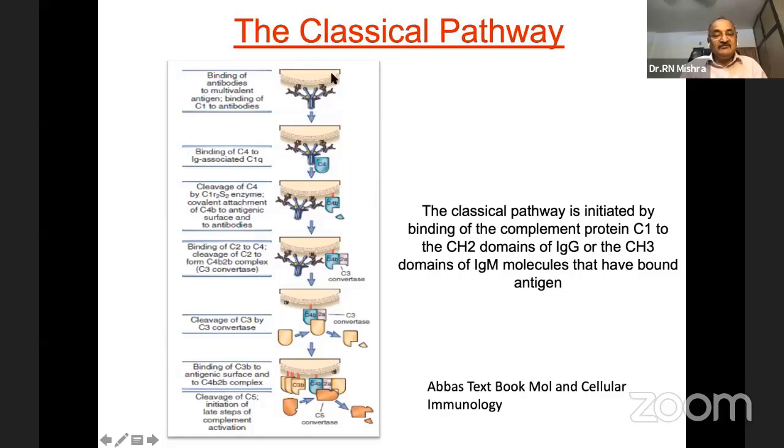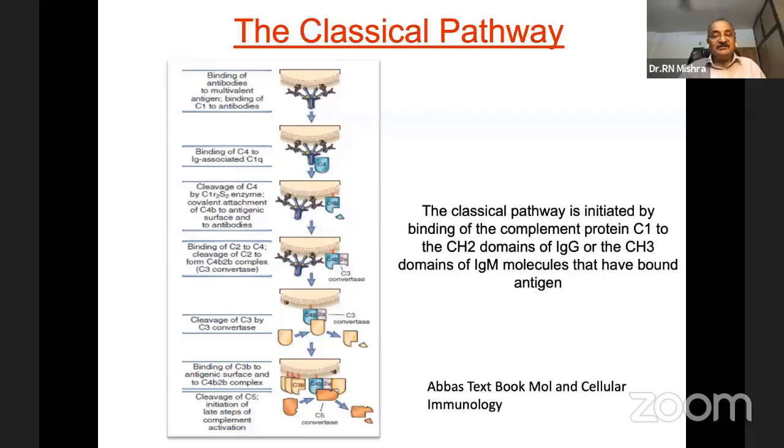Let's imagine this is a bacterial cell, or it could be a red cell, if any antibody is targeted against cell structures, you can just visualize this. These complements are soluble products. They are circulating in the serum.